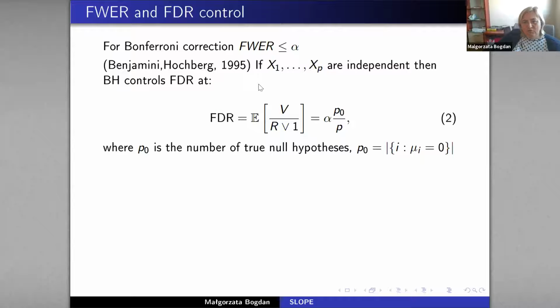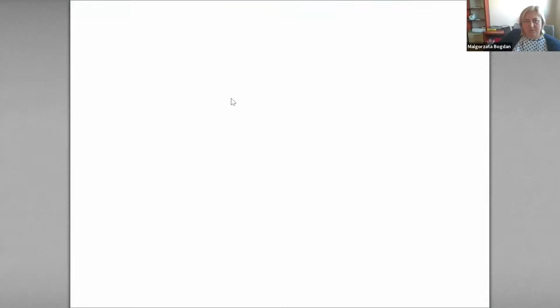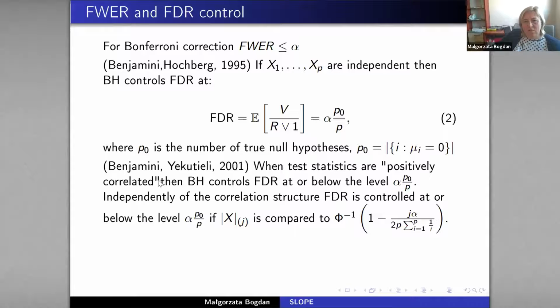This theorem is under a pretty stringent assumption that the X's are independent. But this can actually be weakened. Benjamini and Yekutieli proved that when the test statistics are positively correlated, then you still control FDR.